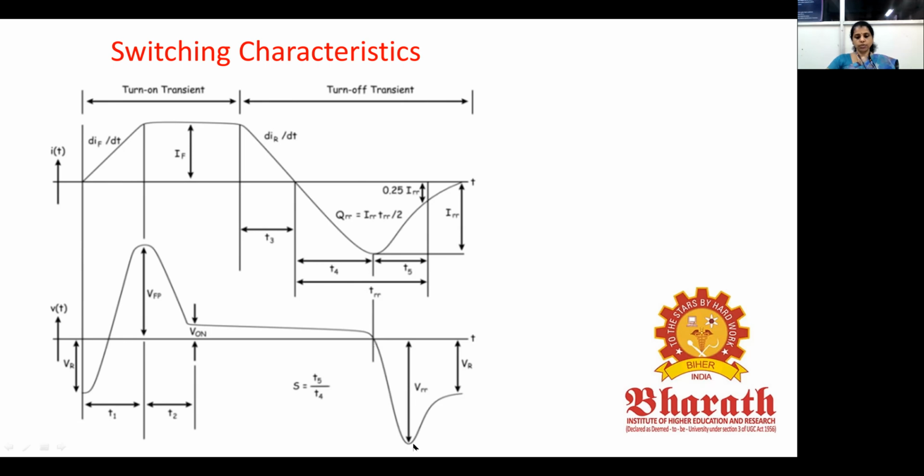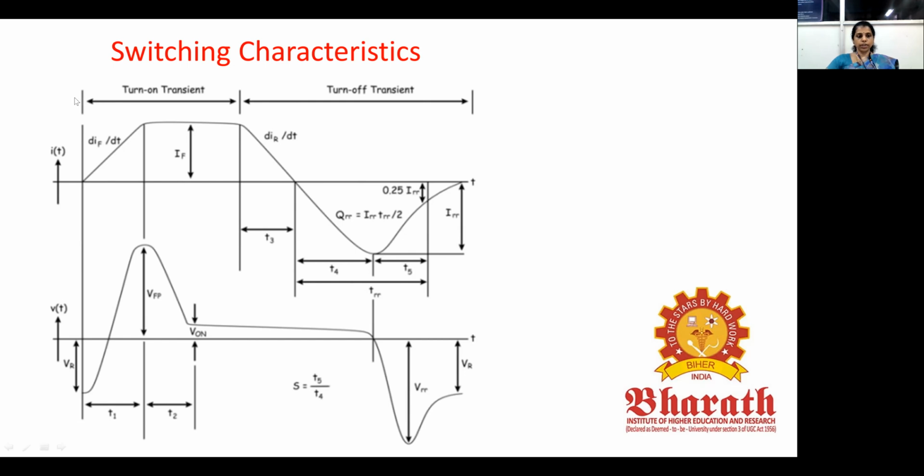The negative voltage flows, and once all the charge carriers are removed, your voltage across the diode will be zero. Till then you will have this energy charged. It will take some time to get discharged.